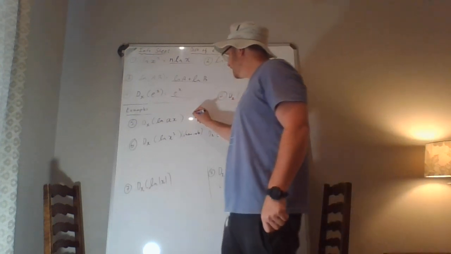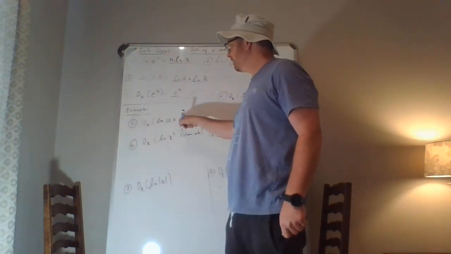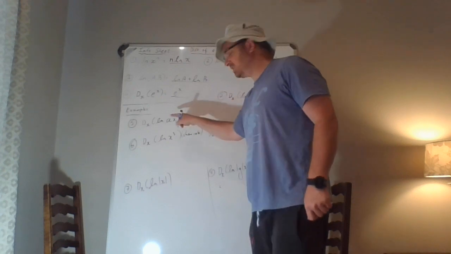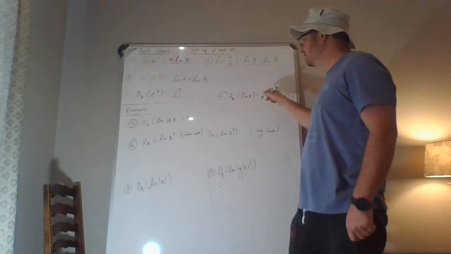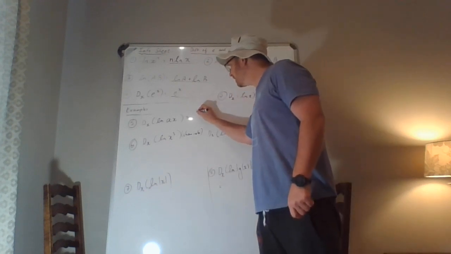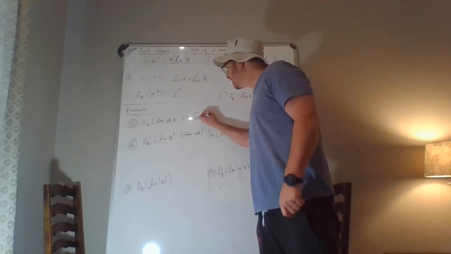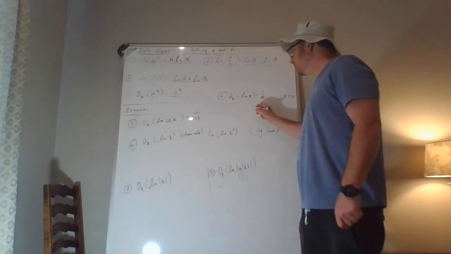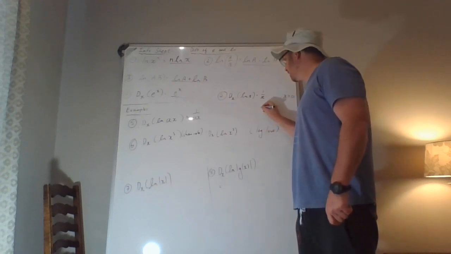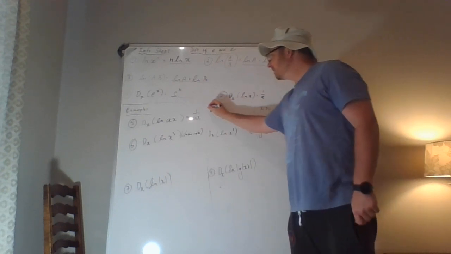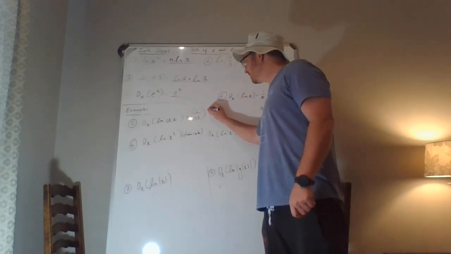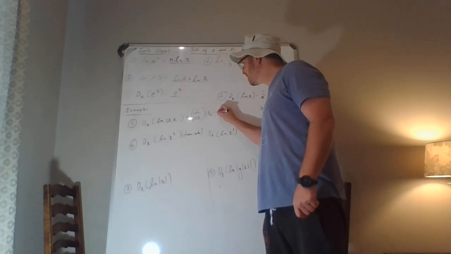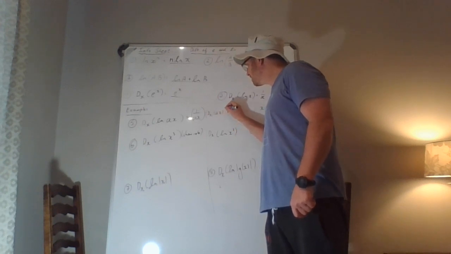So the derivative of ln ax: you've got a function within a function, and the inside function is ax. The derivative of ln of a function is 1 over that function, so it's going to be 1 over ax. Your restriction is that ax is bigger than 0, in other words x must be bigger than 0. That's the derivative of the outside function times the derivative of the inside function, which is the derivative of ax.